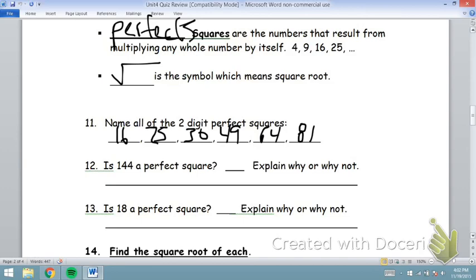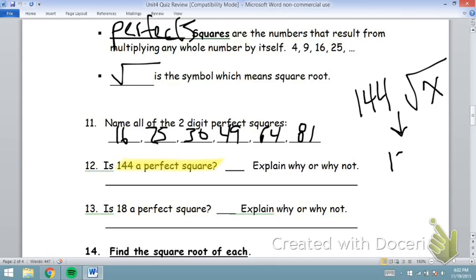Alright, question 12, it asks, is 144 a perfect square? Now just as a quick little review, you can figure out if a number is a perfect square in your calculator. All you do is put in that number, and then press the square root button, which looks like that. It's got the check or the square root sign with the X underneath it. And then hit enter if the answer doesn't show up.